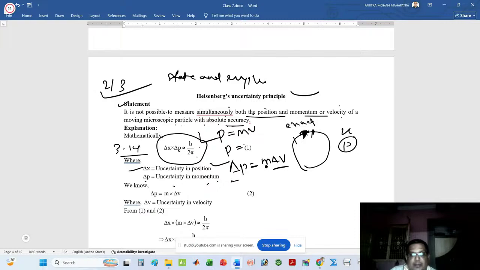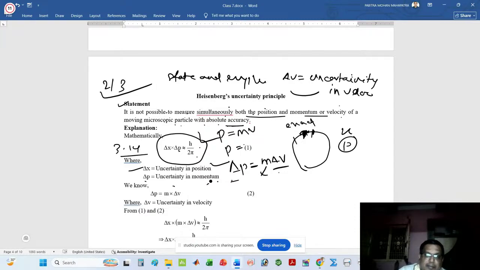Here the m value is a certainty. But we cannot say that the velocity has certainty. So here del v is the uncertainty in velocity.